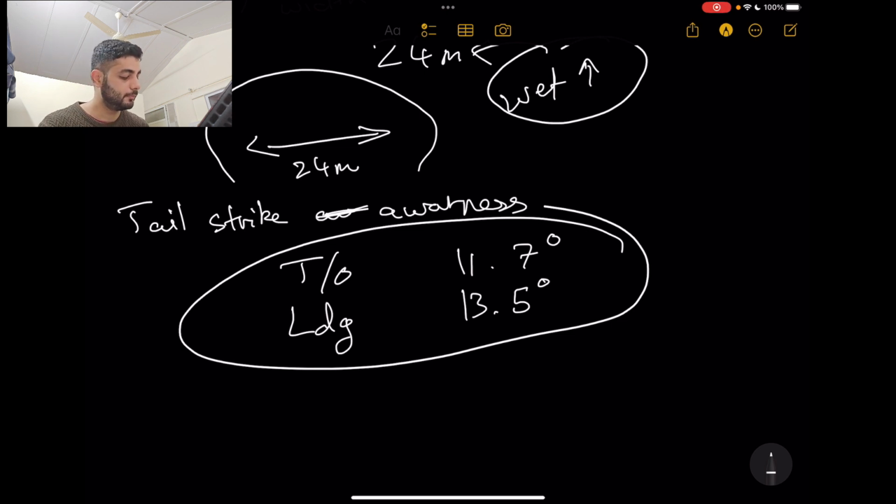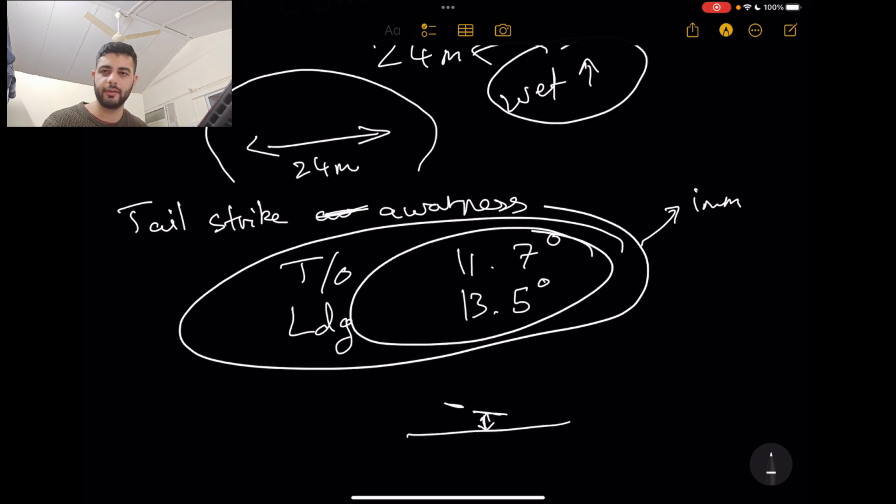So what happens is, when I'm taking off, if in the first second I do 3 degrees, I still gain a little height, then I do 3 more degrees, I still gain a little more height. I'm gaining height as I'm increasing my pitch. These awareness limits apply if you immediately do the rotation at these limits, then you're going to have a problem.